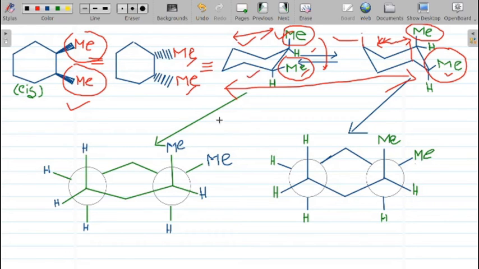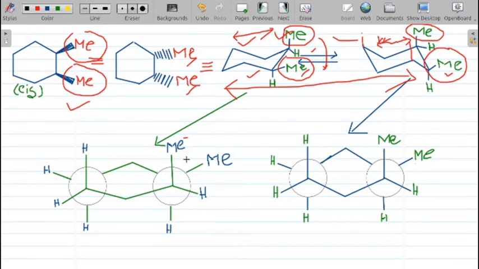But when we consider the Newman projection of this conformation, that is, the torsional strain, first we draw the Newman projection of this conformation.